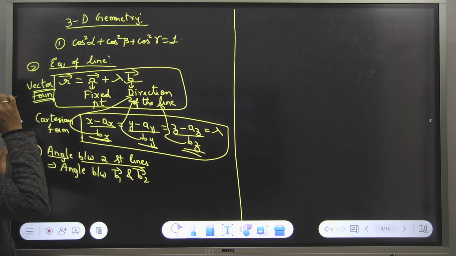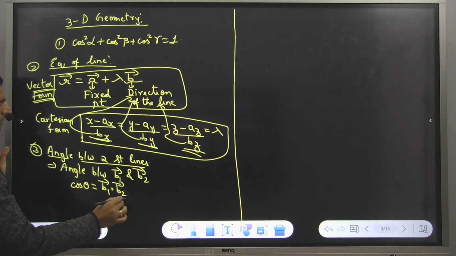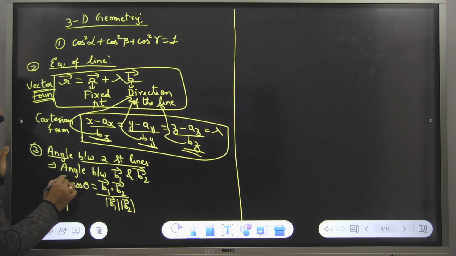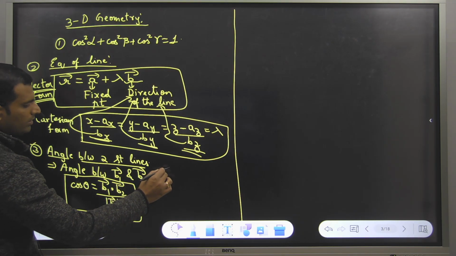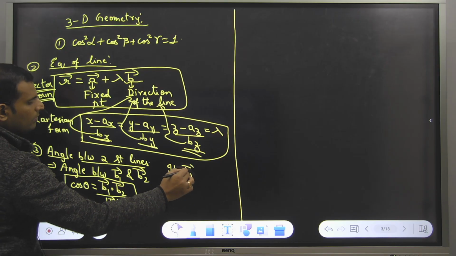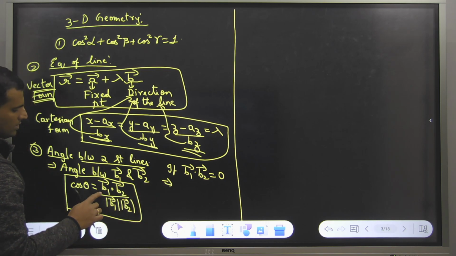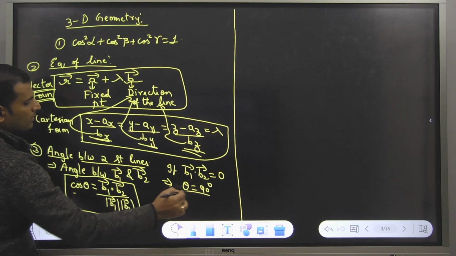And whenever we have to find angle between two vectors, we use the formula cos theta equals b1 dot b2 divided by mod b1 into mod b2. Do you remember this formula, students? And whenever dot product is 0, what can we comment? If b1 dot b2 is 0, they are perpendicular. The conclusion is theta is 90 degrees.